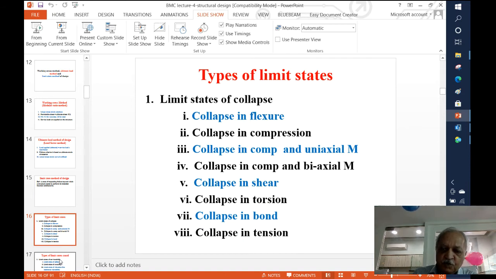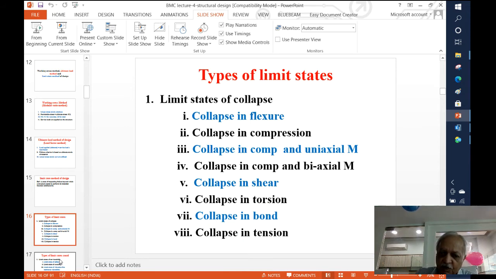Failure can be due to shear or due to torsion, or it may be failure due to debonding of reinforcement with concrete, and so on and so forth. So we say that there are various limit states which can occur. The limit state for collapse due to flexure, limit state for collapse due to shear, and so on and so forth. For each of these we will try to see what is the failure criteria and at what load the failure can occur.